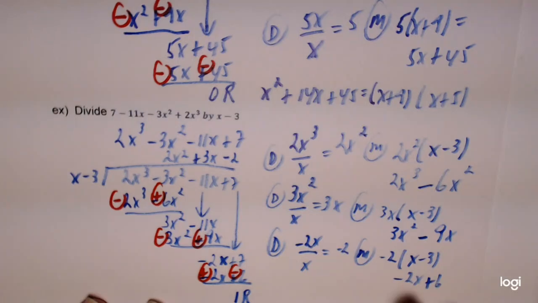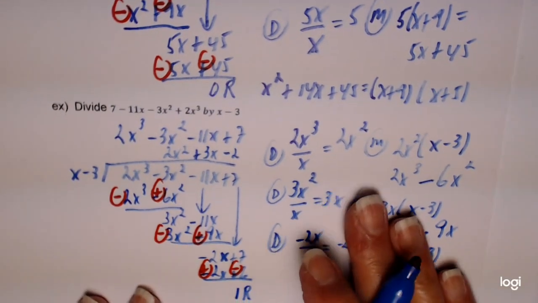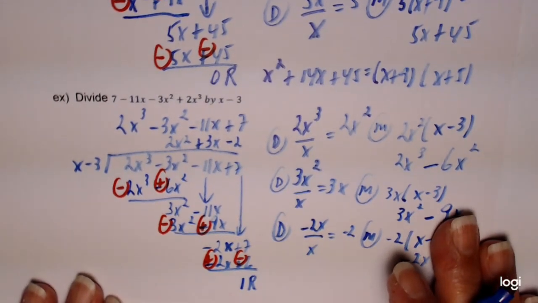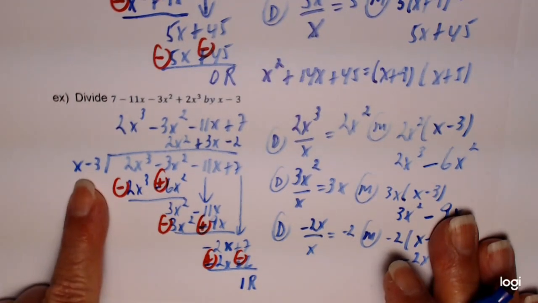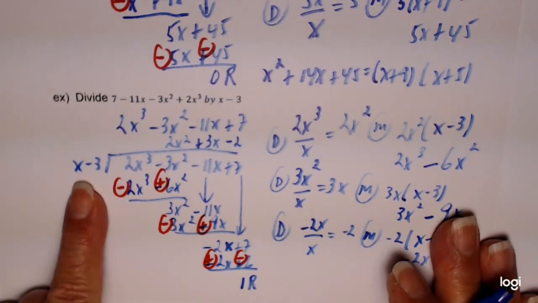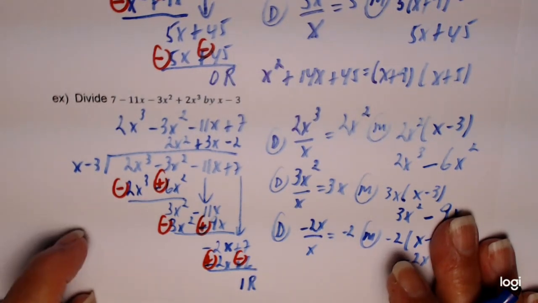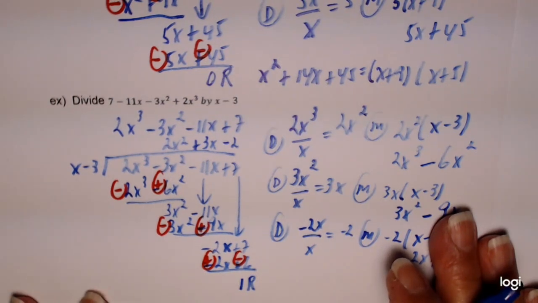So in this case, we have a remainder. When we have a remainder, what that says is that we can't use x minus 3 and set it equal to 0 to help us solve this because this does not factor. We have a remainder.